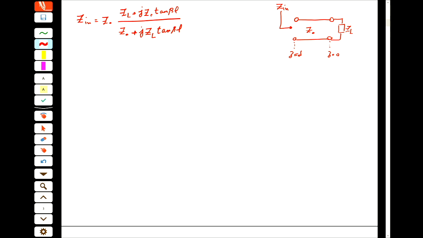And we can define the reflection coefficient at this point as gamma naught or gamma L. So gamma L equals gamma naught equals ZL minus Z naught divided by ZL plus Z naught.